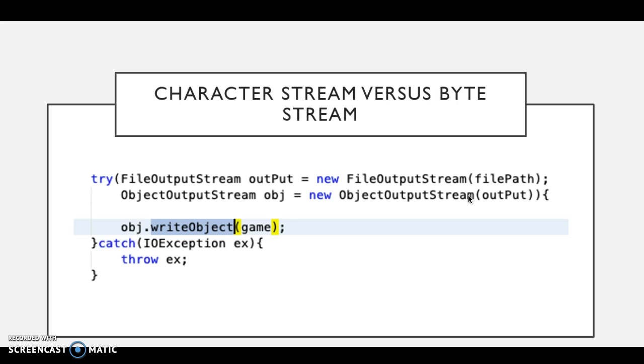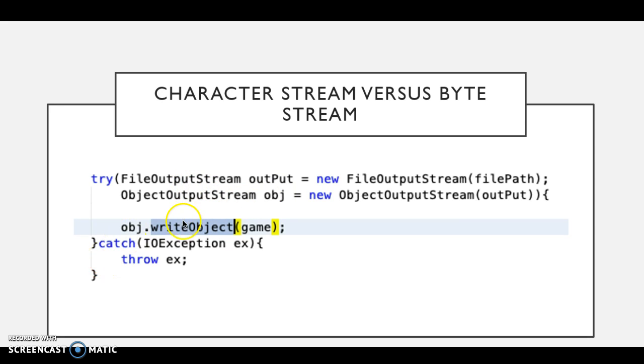Character stream versus byte stream. So right here I have an example of character stream. I'm writing a whole object to a file, and I'm throwing an exception here if it doesn't run as expected. I created here a try that doesn't need to close these two objects because it will do it by itself.